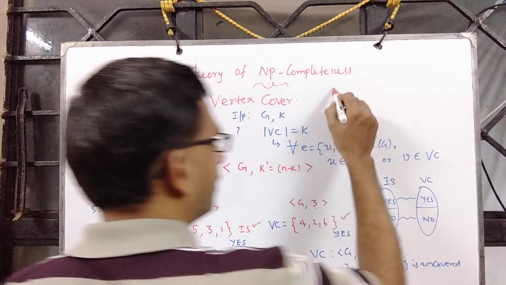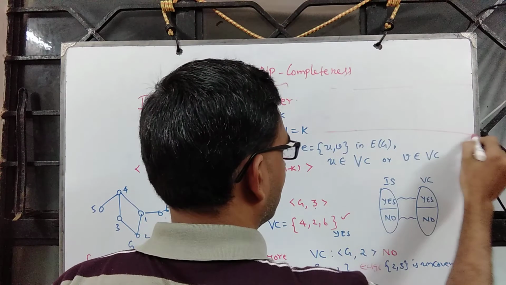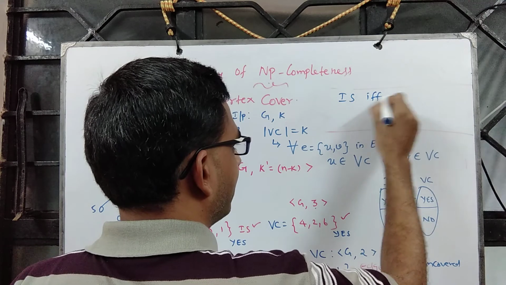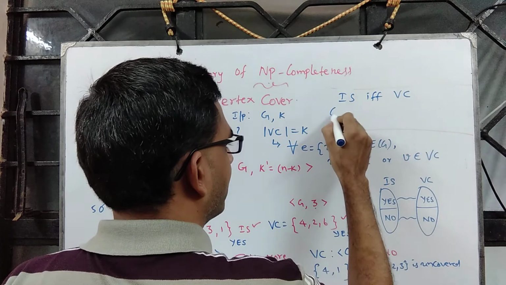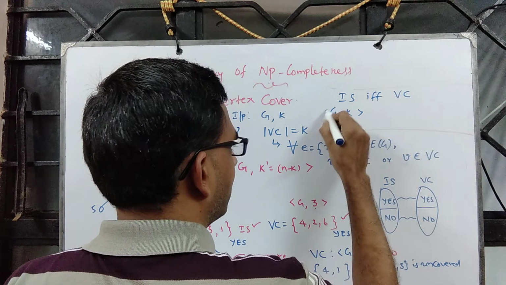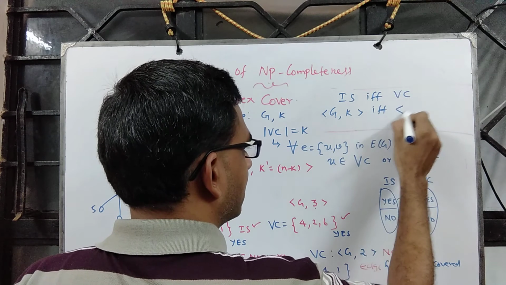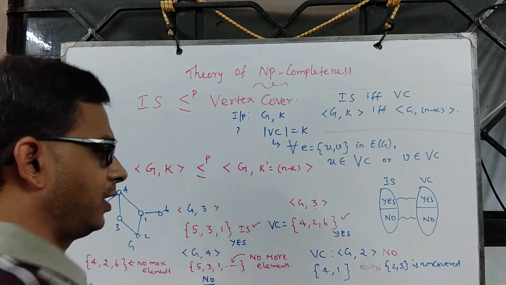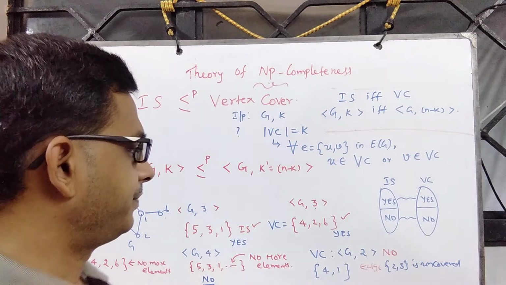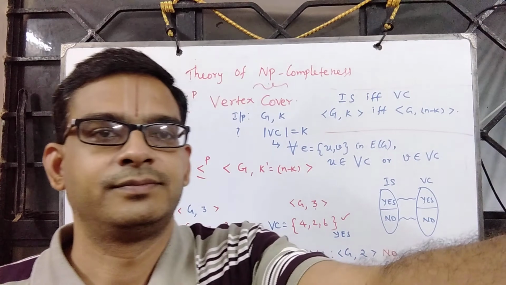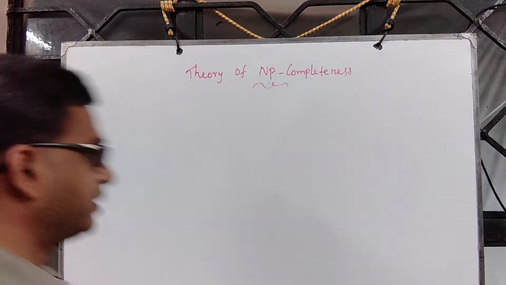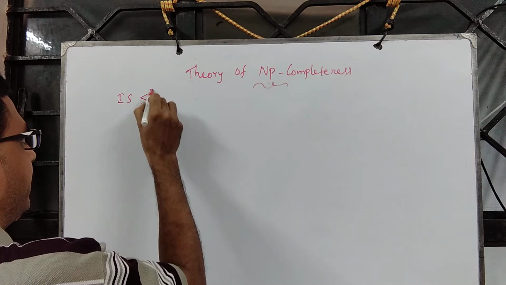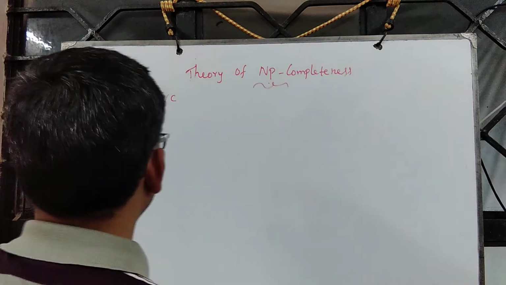So therefore, you see that independent set if and only if vertex cover. G comma k if and only if G comma n minus k. So what is the consequence of this reduction? Independent set polynomially reduces to vertex cover.